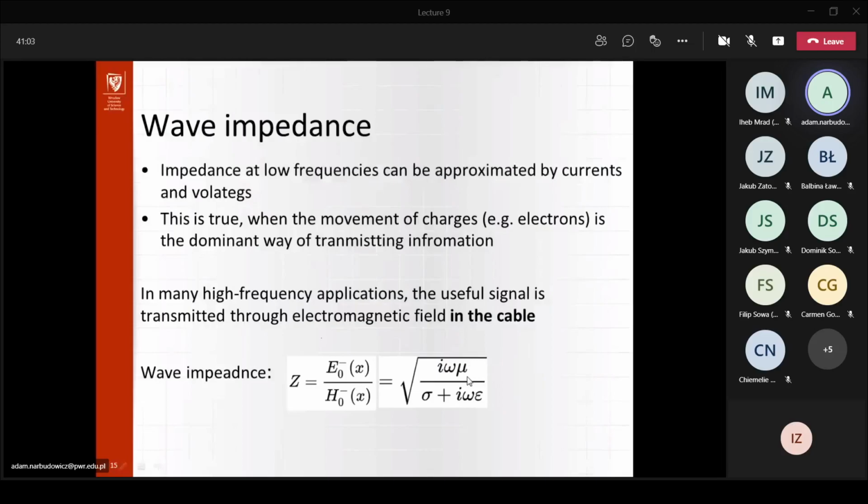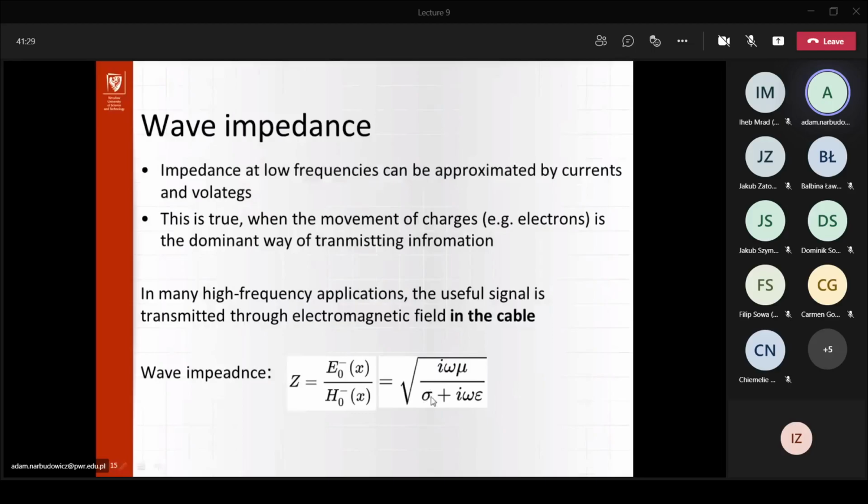However, if you put in the Maxwell equations, you know that omega mu, that's the permeability, the parameter corresponding to the magnetic properties of the material. Epsilon here is permittivity, corresponding to the electric properties of your materials.